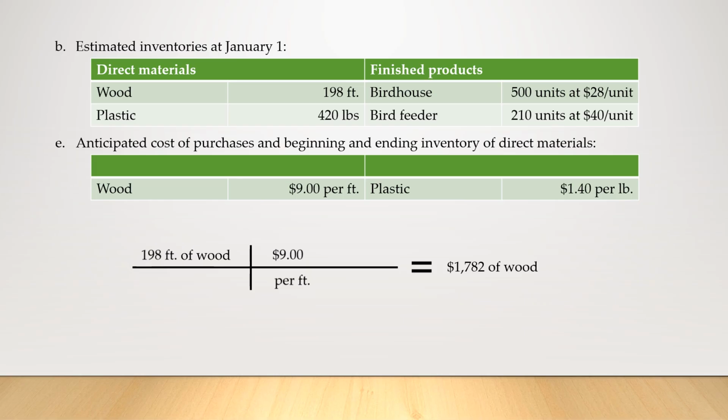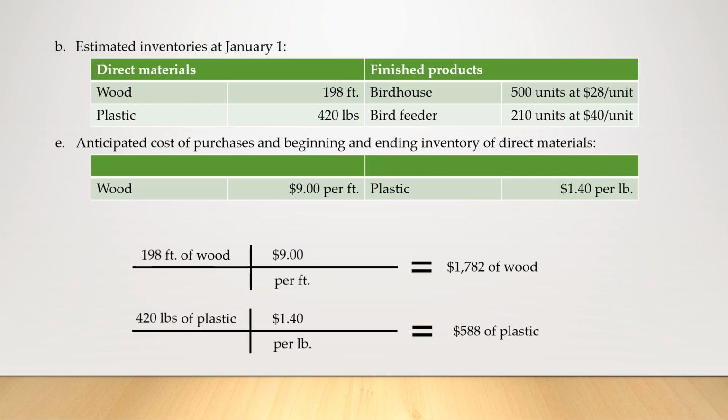Do the same thing for the 420 pounds of plastic, but multiply it by $1.40 per pound. The result is $588 worth of plastic. The total dollar value of direct materials inventory on January 1st, $2,370.